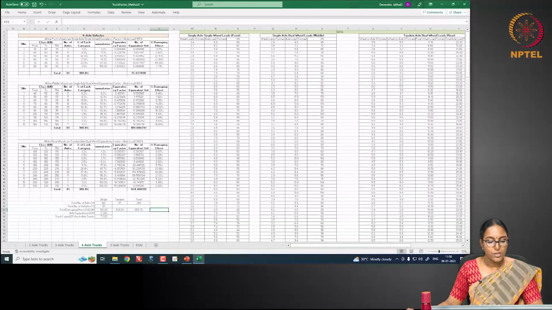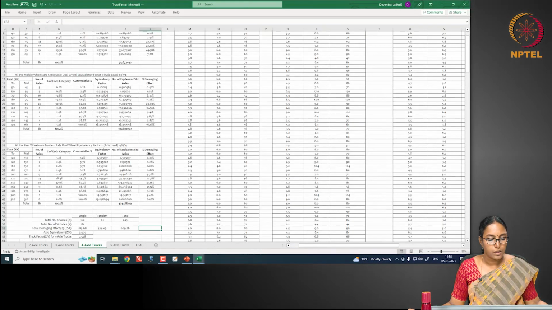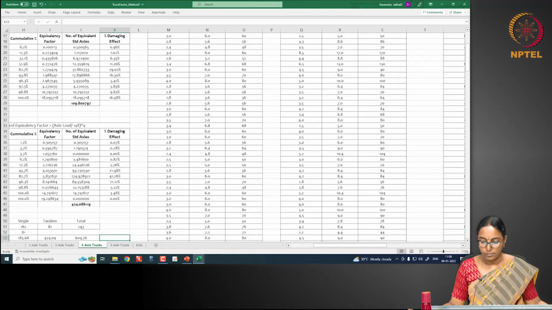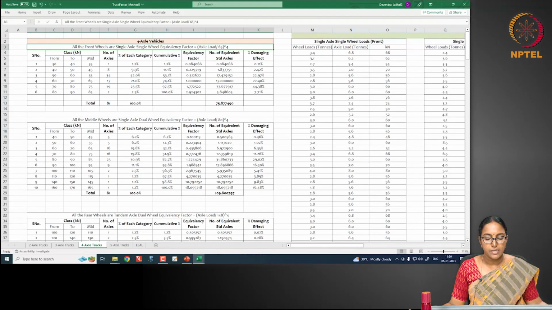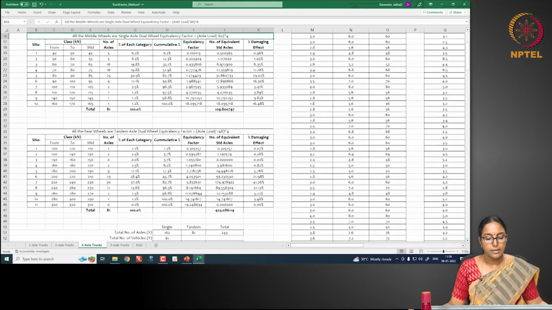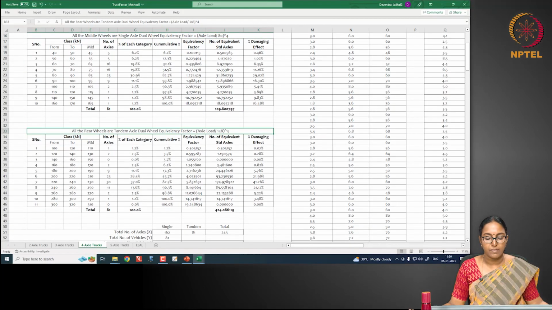The third has a standard load of 148 kilonewton. I hope the data is visible to you. The data is given here, and let me just zoom it. From the data, it is divided into all the front wheels, having a standard load of 65, then the middle wheels, having a standard load of 80 kilonewton, and then the last tandem axle loads, having a standard load of 148 kilonewton.